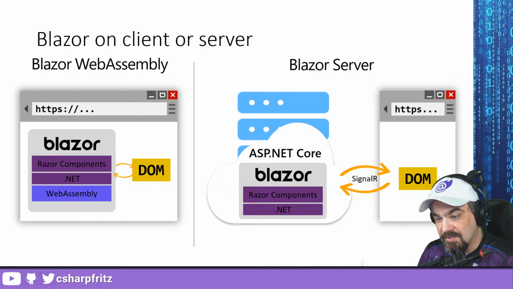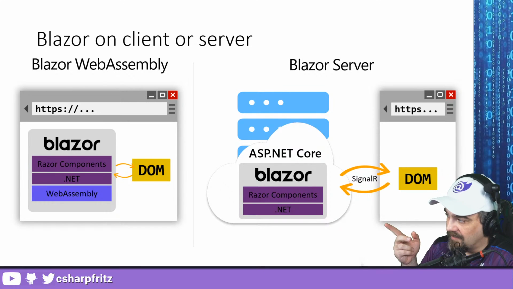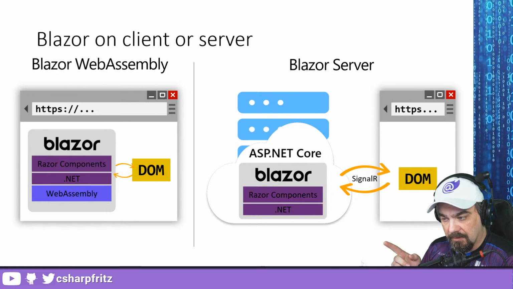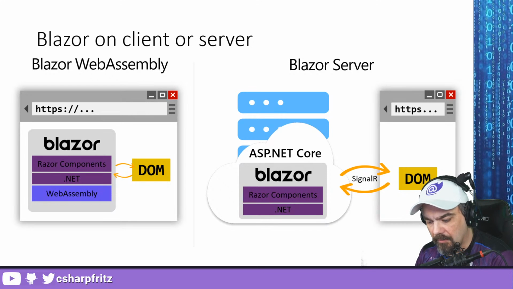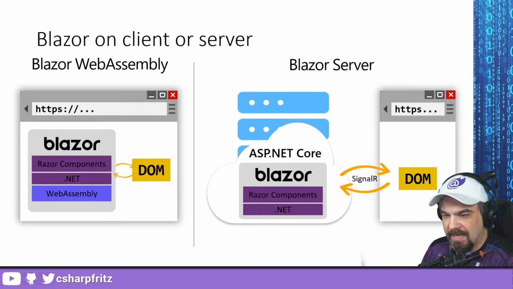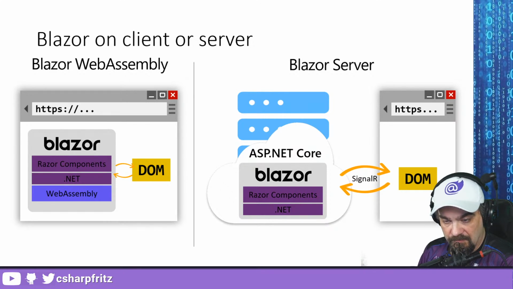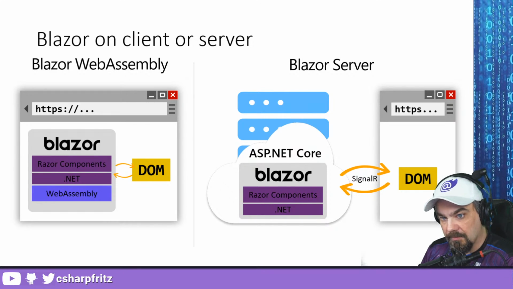They can send messages down, updates to that document object model in the browser, and we can update it with SignalR. We used to do this many, many years ago, we had Ajax panels inside of ASP.NET Web Forms, right?